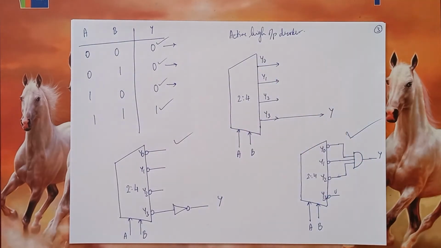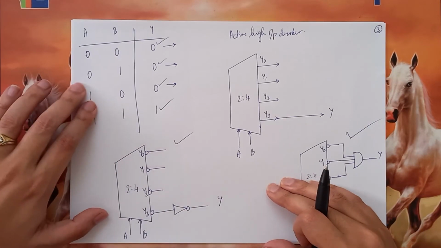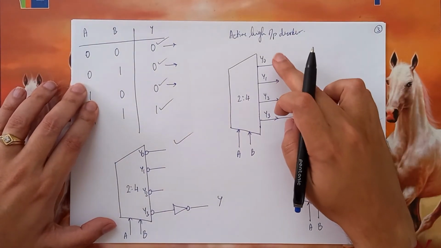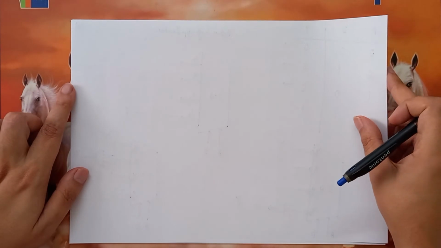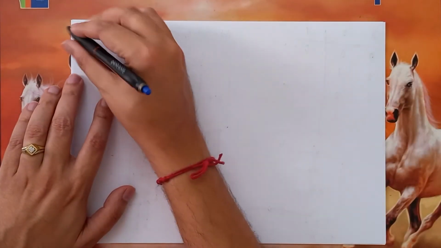Now I can ask you a similar question. How, using an active high output decoder and using y0, y1 and y2, can we have the realization of y? Well, it's definitely possible. Let's go in the same fashion. Let's draw a new diagram.